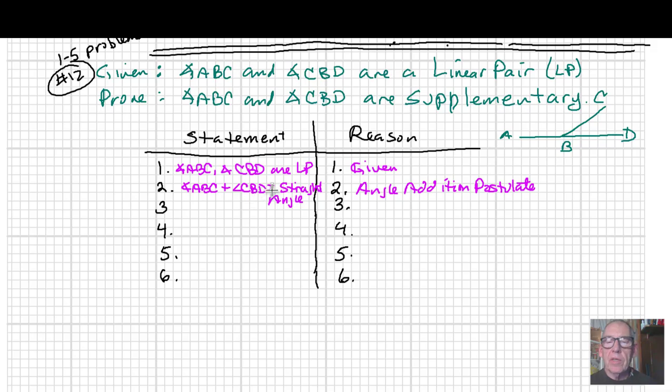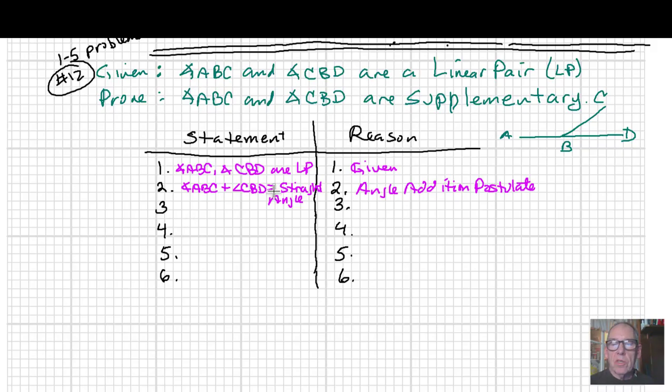Now I maybe skipped a step here, like ABC plus CBD equals ABD. ABD is a straight angle, so ABC plus CBD is a straight angle. So this could have actually been done in 2 steps to be a little bit more clear. Okay, so let's see what we get from that.